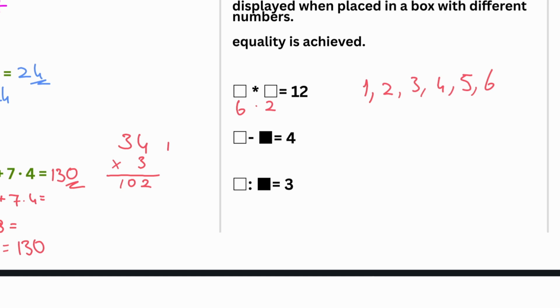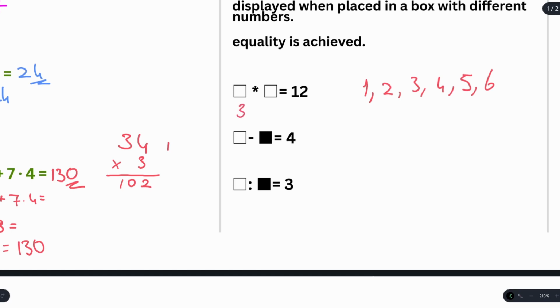We already used 2 and 6, so let's try 5 and 1. And then to get 3, we could divide 3 by 1. We could also divide 6 by 2. But we used 6 and 2, we also used 1, so this doesn't seem like it's gonna work. Let's try different numbers.